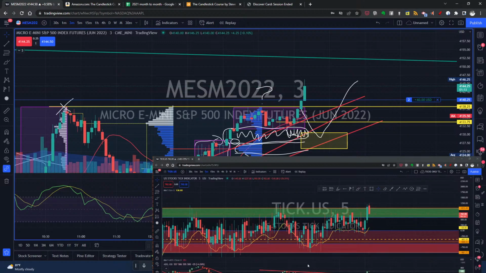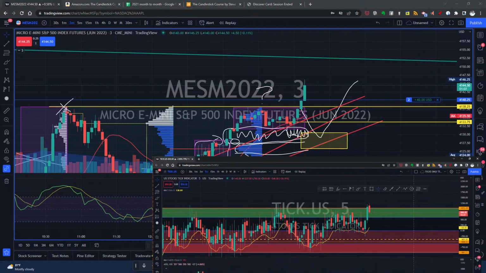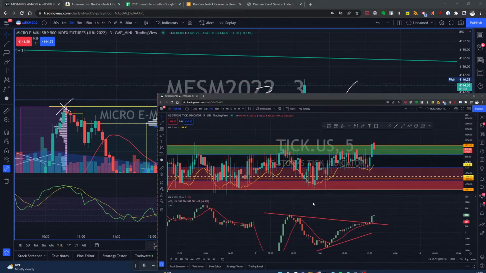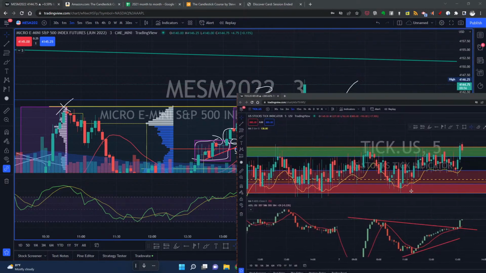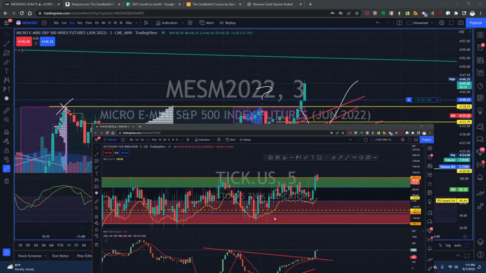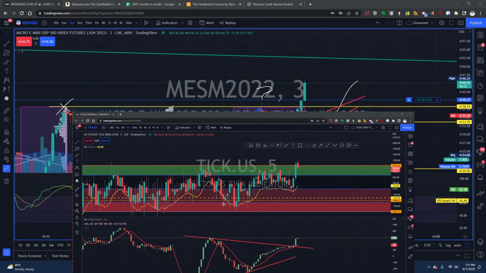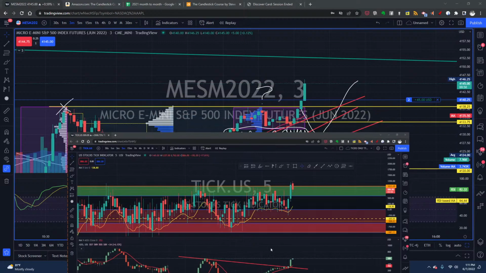Okay, we got the tick cooling down here. It's pushed over 1,000. It's cooling down. Look at the add decline though. Look at that add decline. Let's do this. Let's see if we can put this up here. All right, so we got this add decline here.